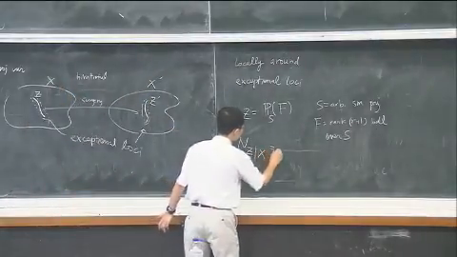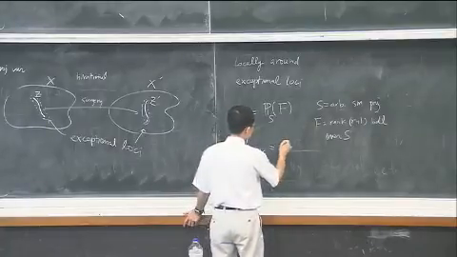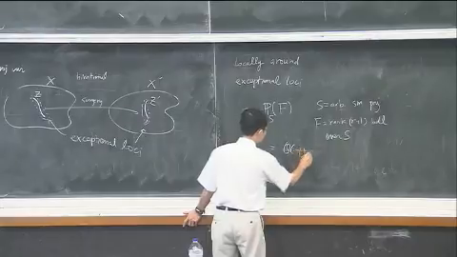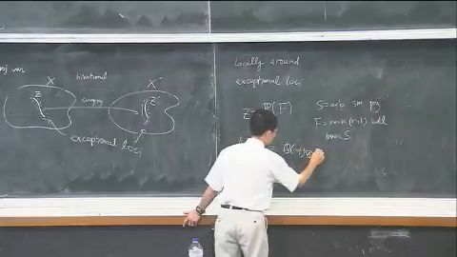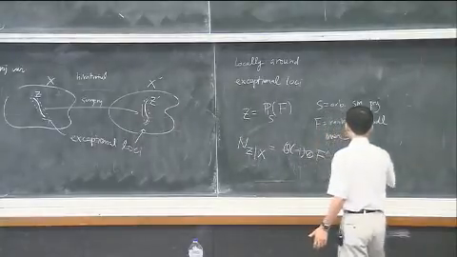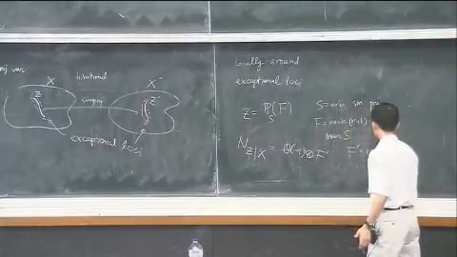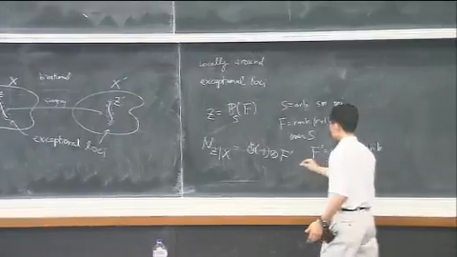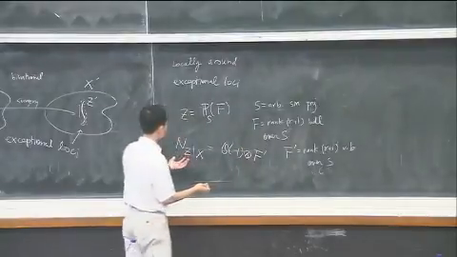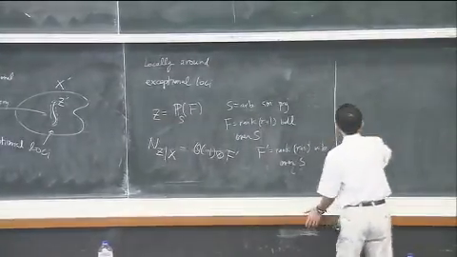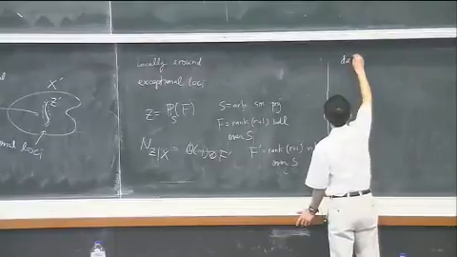Inside X it will be O(-1) tensor with F prime, where F prime is another rank R plus 1 vector bundle over S. So basically, it's a pullback. I need to pull this back to Z. So you can see the local data.